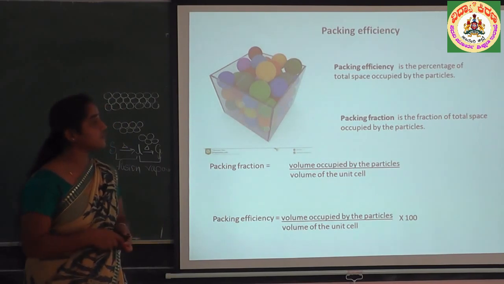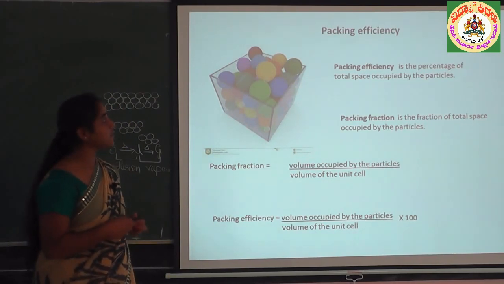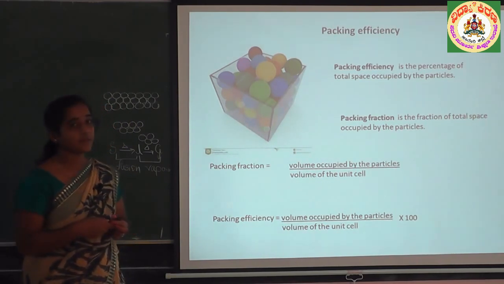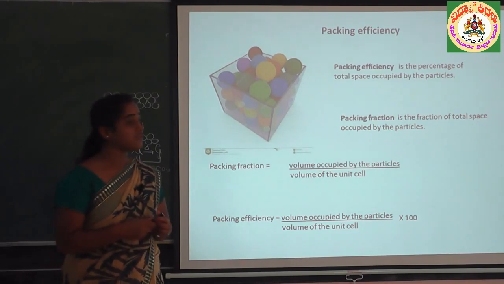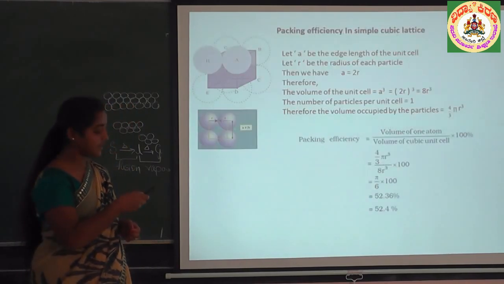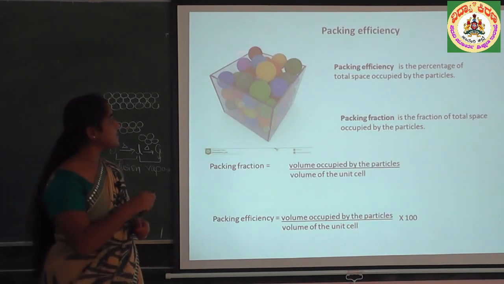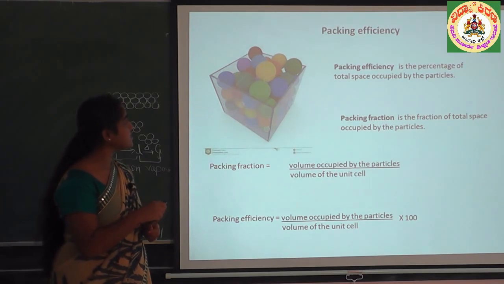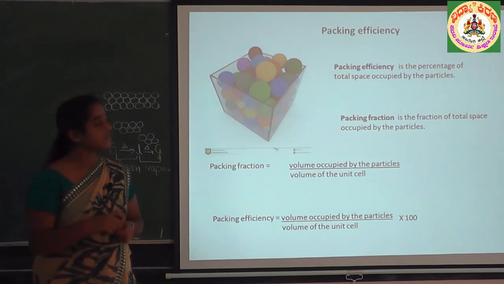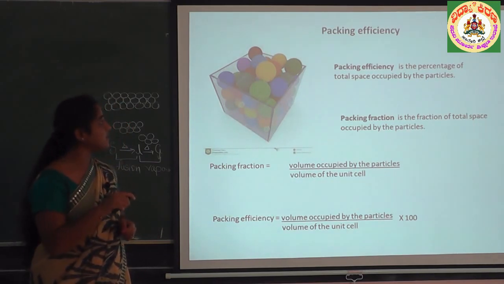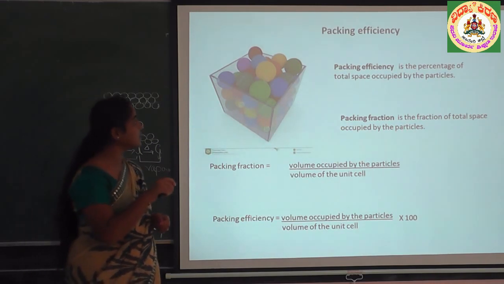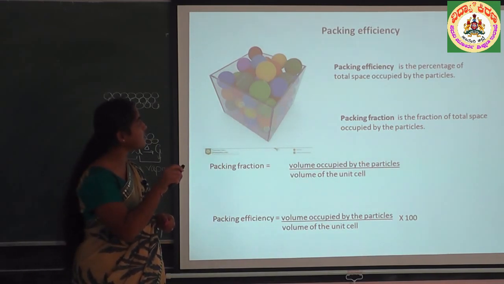Then the important one, this is packing efficiency. What do you mean by packing efficiency? See here, in a box we are taking so many colorful balls, and we are placing them on one another. Even when we place them, there is some gap between the balls, no?